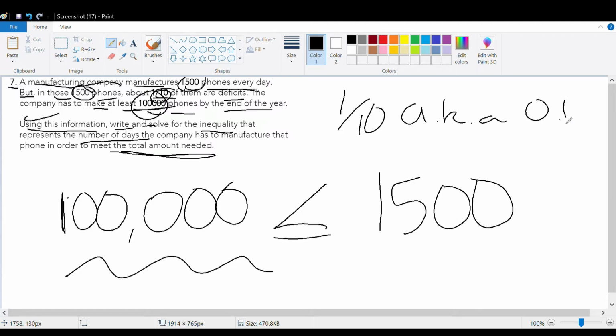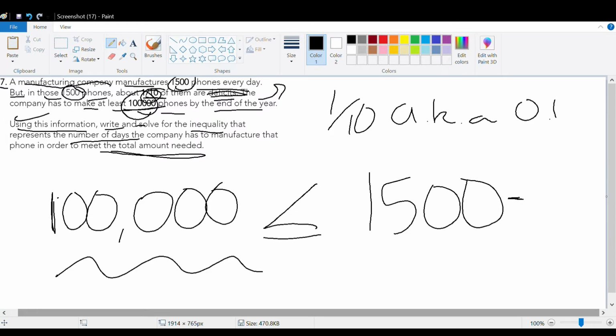Deficit means that they are unusable, and you don't count them into the total amount that you are producing because you can't use them anyways. So we have to subtract the amount of deficits, which is 1,500 times 0.1.